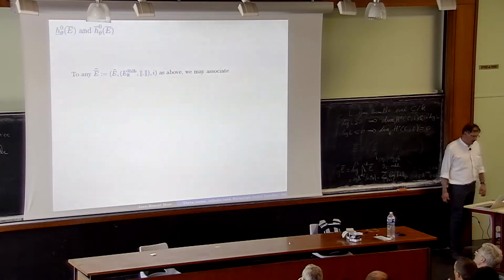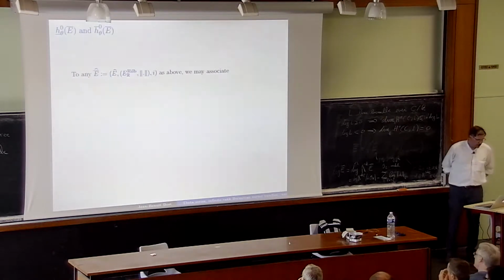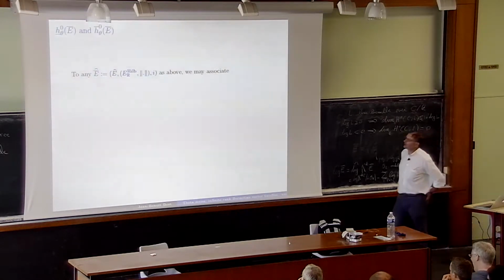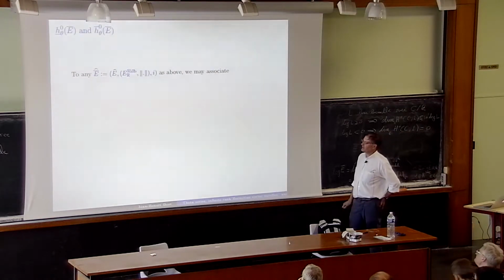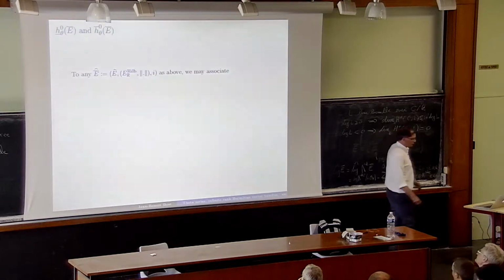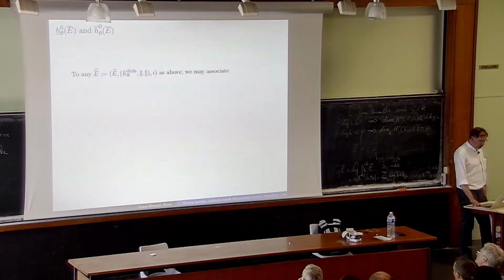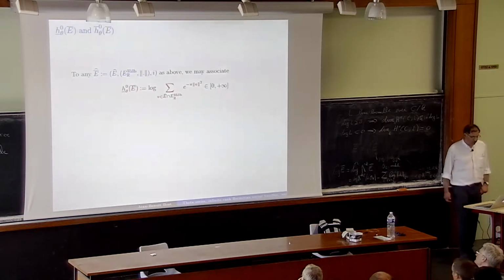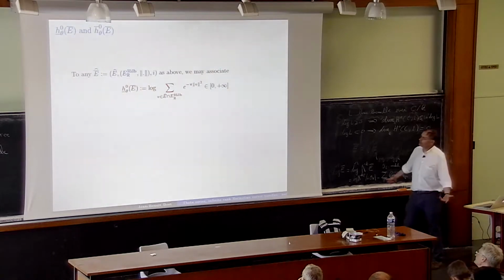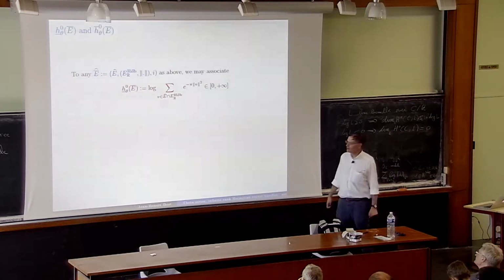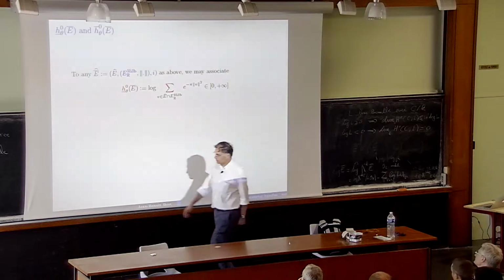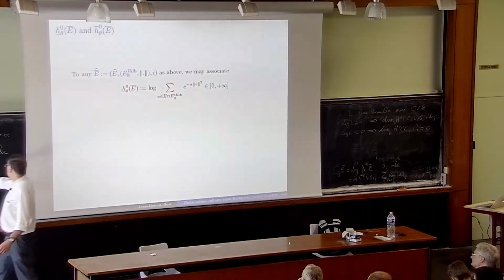The point is that for any Hermitian infinite rank Euclidean lattice as above, you may try to associate an intrinsically defined H0 theta invariant. And for instance, there is an obvious candidate that would be to copy this formula.